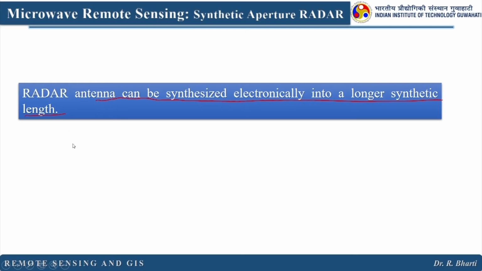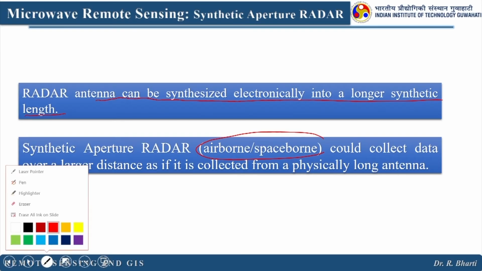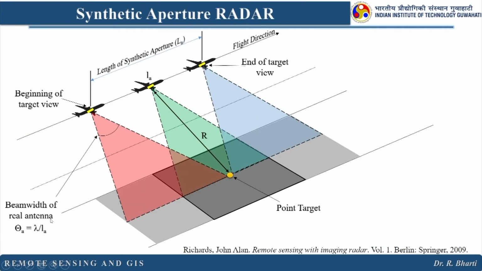SAR is synthetic aperture radar, which can be airborne or spaceborne, and could collect data over a large distance as if it were collected from a physically long antenna. So this is the advantage you have with SAR.